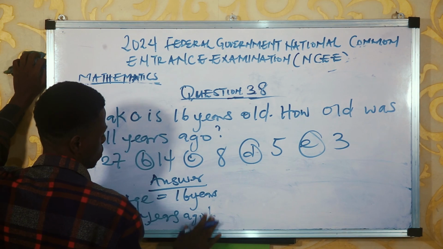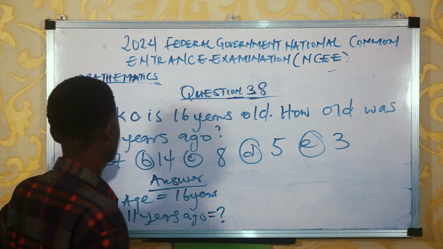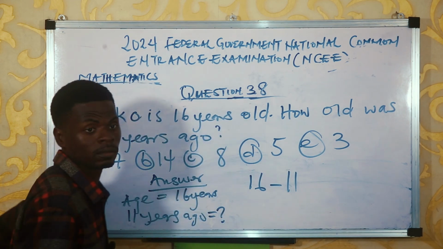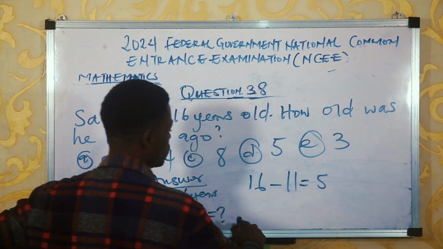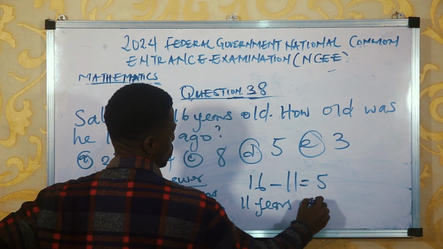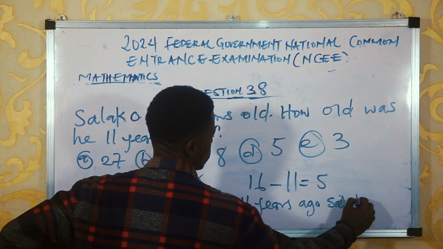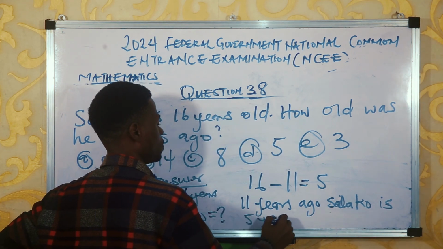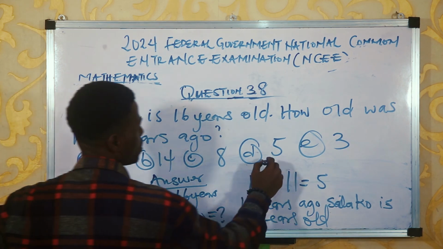So in this place, we are going to subtract 16 minus 11. 16 minus 11 will give us 5. So 11 years ago, Salako was 5 years old. So our answer is option D, which is 5.